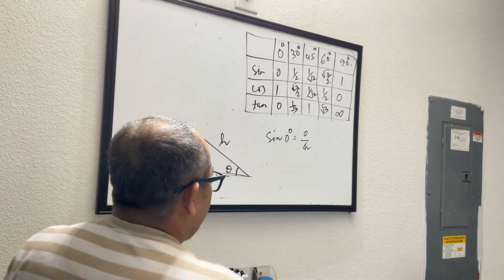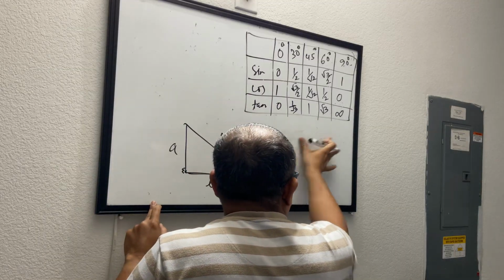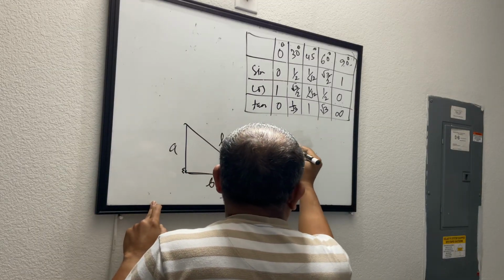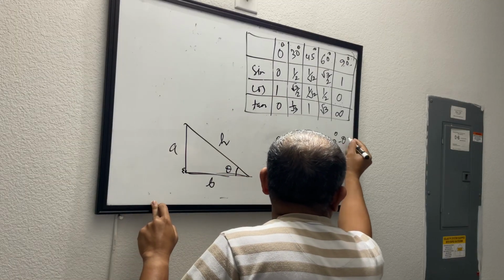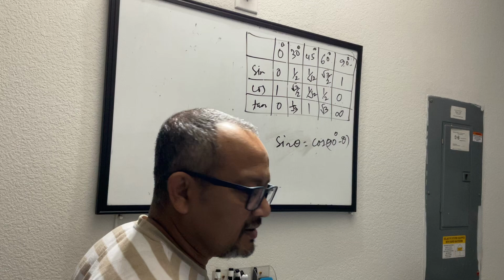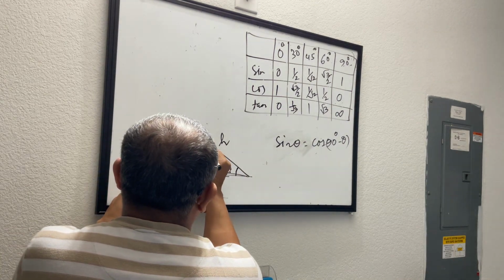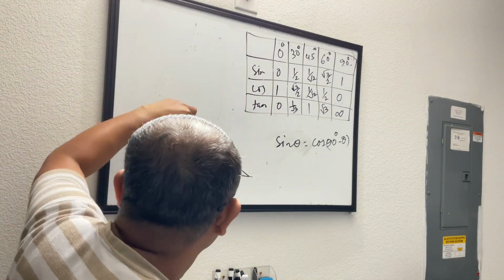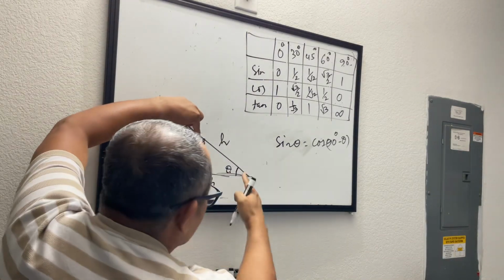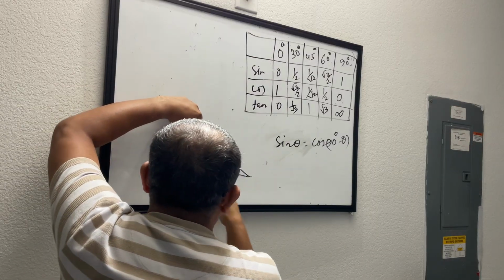And there is a concept of complementary angles. Sine of theta is equal to cos of 90 degree minus theta. So this is theta, and this will be 90 degree minus theta. Sine of theta here is A over h.